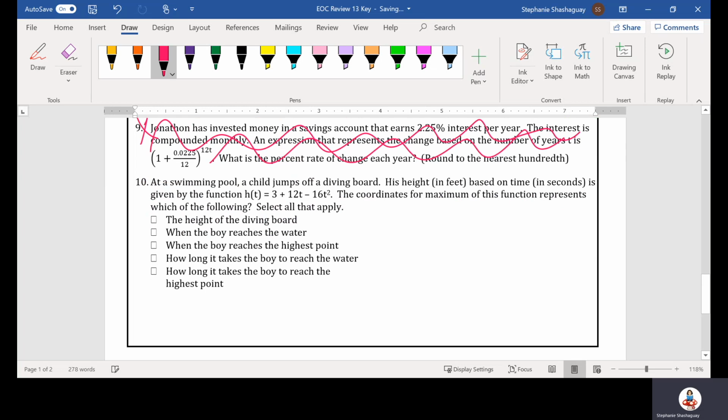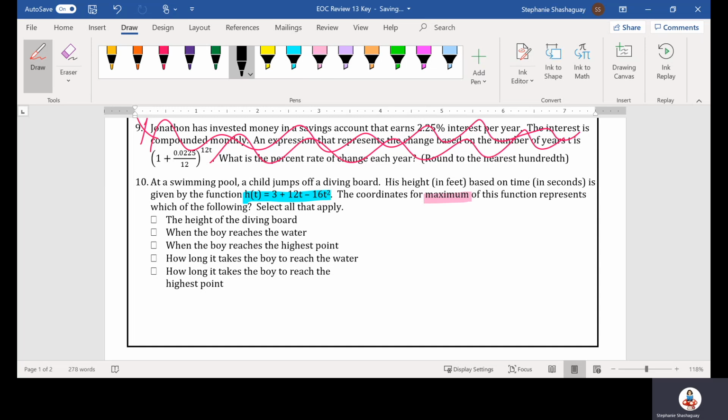Number 10, at a swimming pool, a child jumps off a diving board. His height in feet, based on time in seconds, is given by the function h of t is equal to 3 plus 12t minus 16t squared. The coordinates for the maximum of the function represents which of the following?